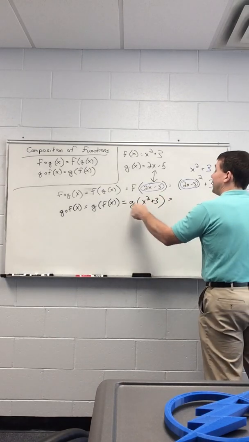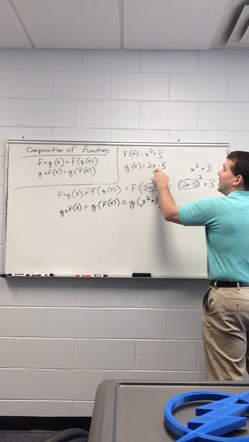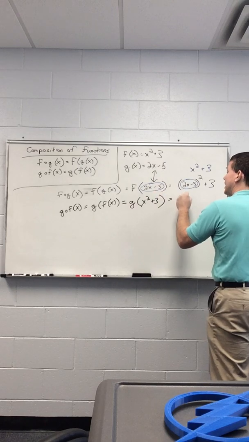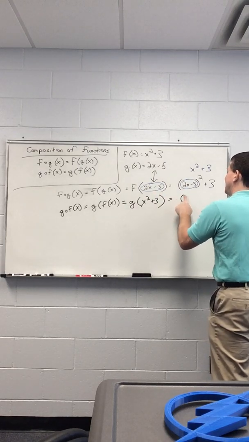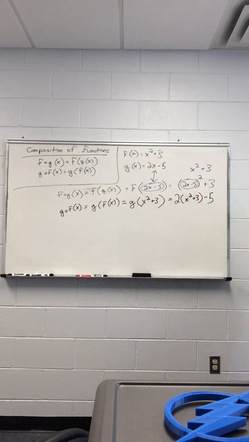Now, apply g to that. What does g do? It takes whatever you plug in, multiplies it by 2, and subtracts 5. This is what I'm plugging in. So I multiply it by 2, then I subtract 5.